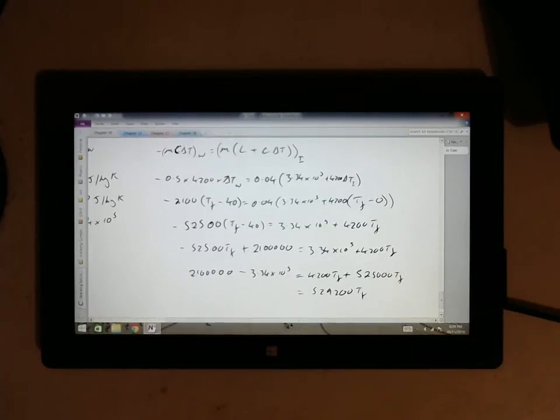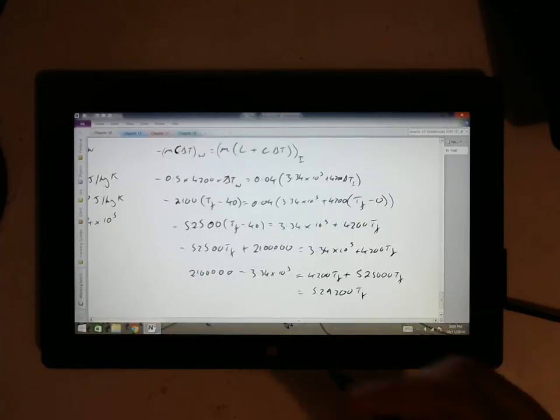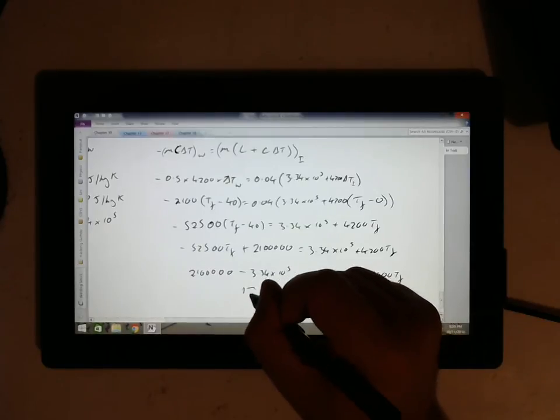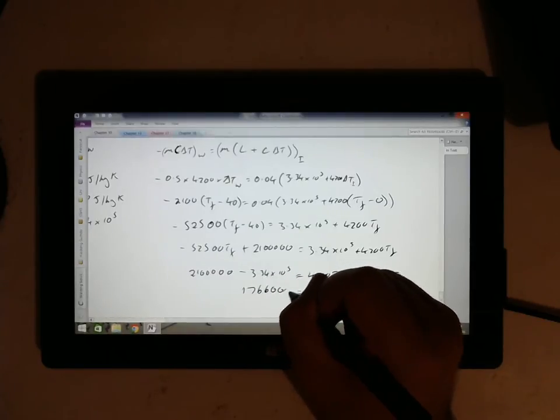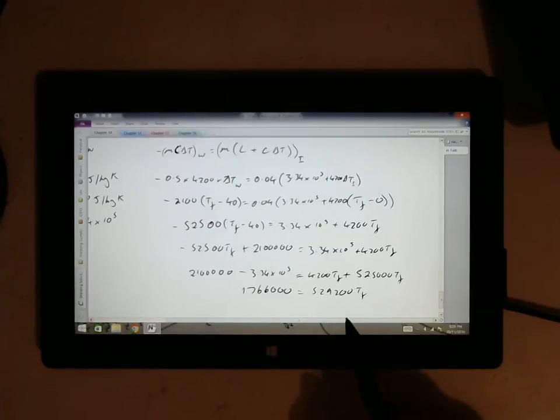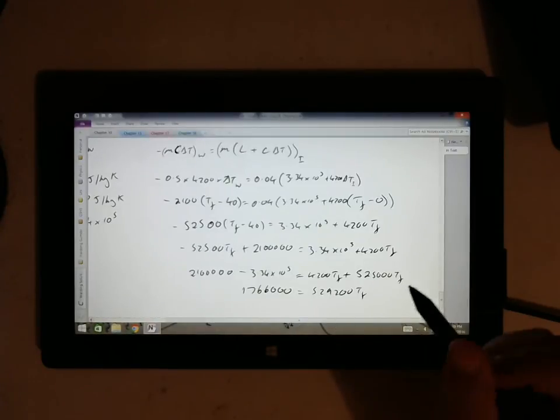Let's do the difference of that. So that's going to be take away 3.34 times 10 to the power of 5 gives me 1,766,000. We want to get TF all alone, so I'm going to do this divided by this.